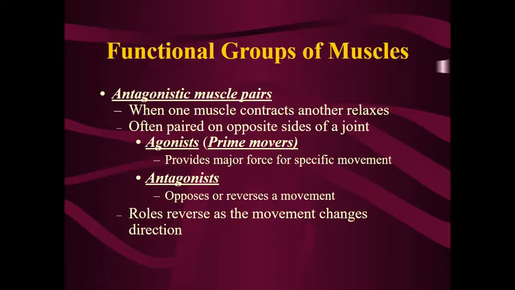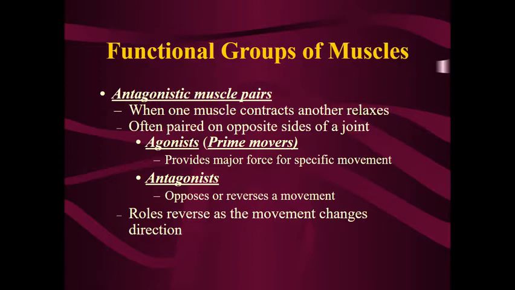And in an antagonistic muscle pair, when one muscle contracts, the other muscle relaxes. And these are often on opposite sides of a joint to reverse a particular movement. Agonists, also called prime movers, provide the major force for a specific movement, and antagonists oppose or reverse a movement.